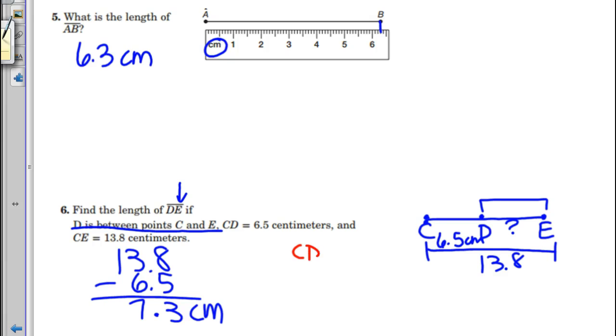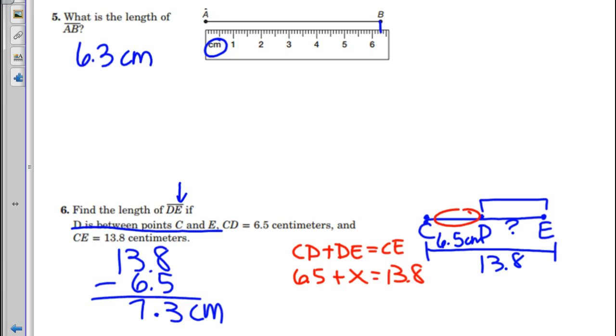We have CD plus DE equals CE, and I can plug in what I know. CD is 6.5. I don't know DE. I'll put an X for it. And CE is 13.8. Piece plus piece equals whole. All right, and you can set it up that way every single time if you want to.